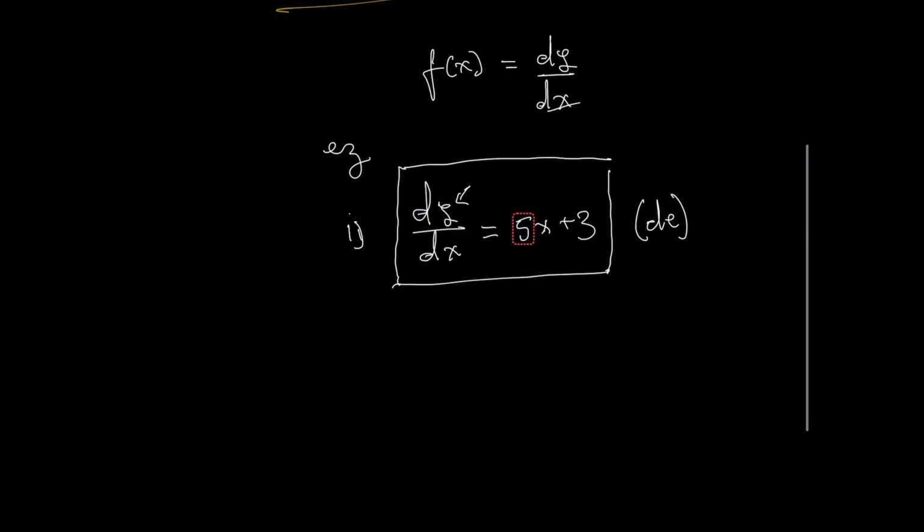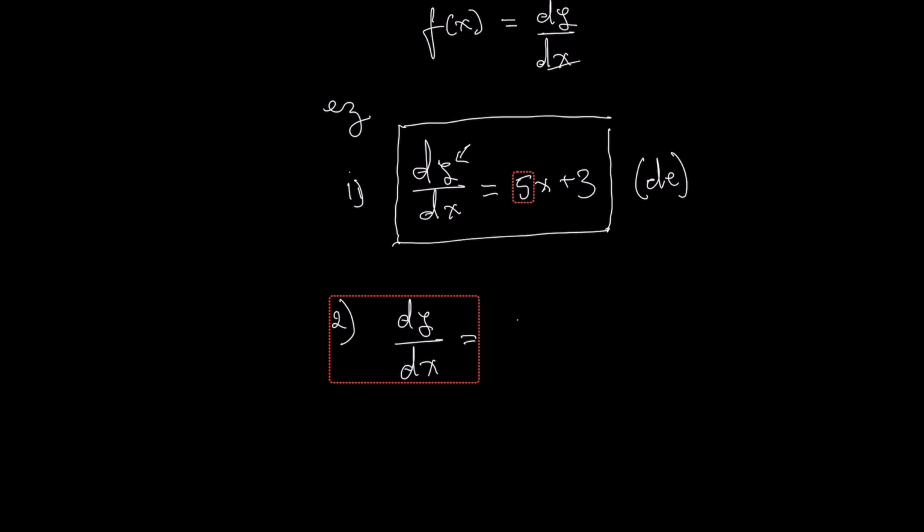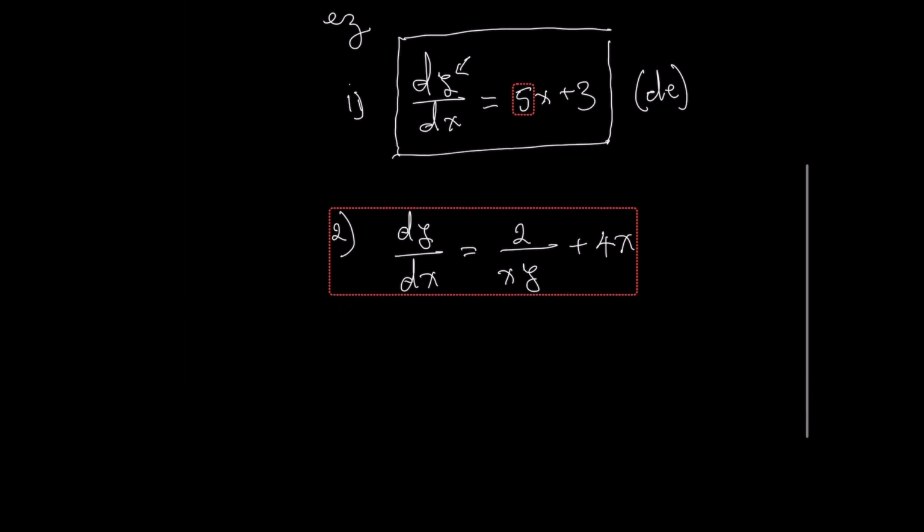So for other examples, I can get a second example to show you. So we have dy/dx being equal to 2 over xy plus 4x. So this is also a differential equation.